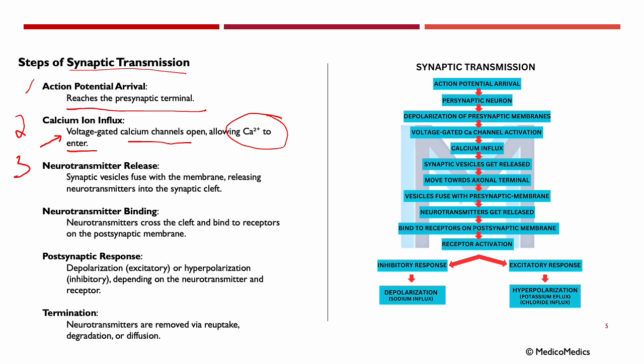So the synaptic vesicles, if you remember, let's draw a painting here of the presynaptic neuron. It contained these vesicles, right? Which contained the neurotransmitters. Now with that influx of calcium, these synaptic vesicles fuse with this membrane here.